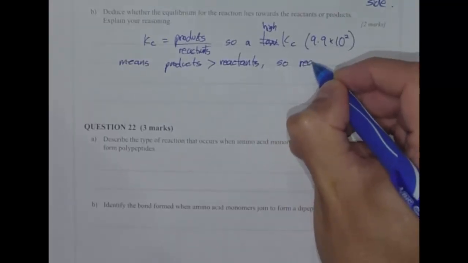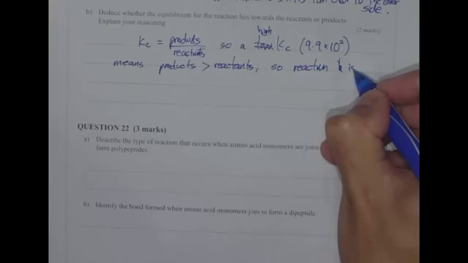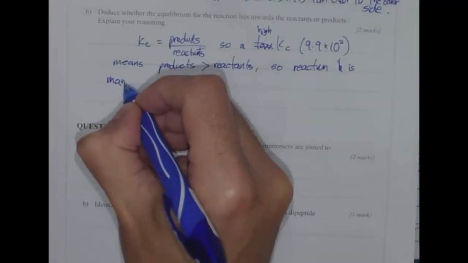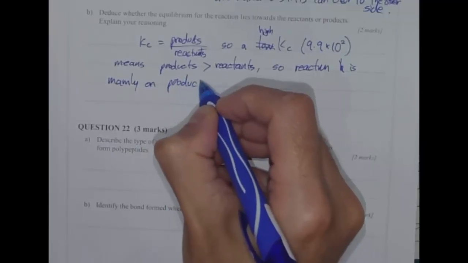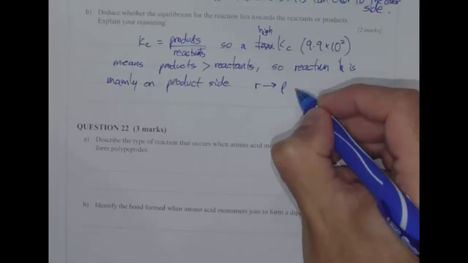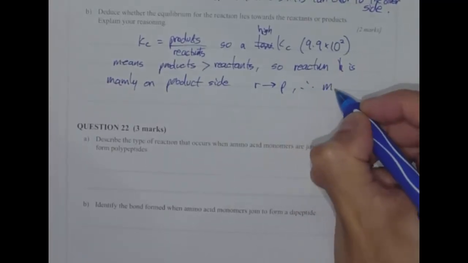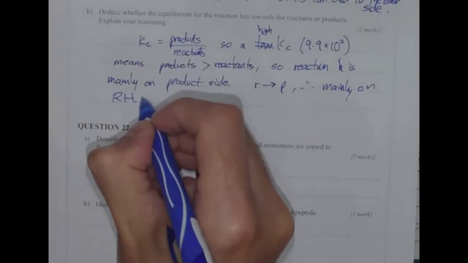So reaction is mainly on product side. Reactants go to products, therefore mainly on the right hand side.